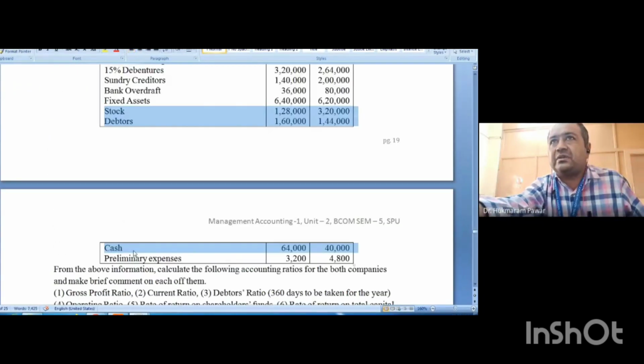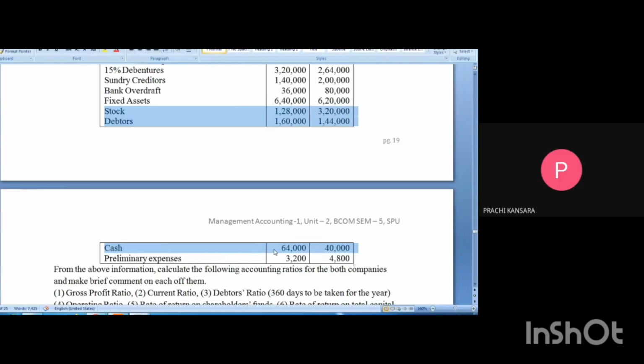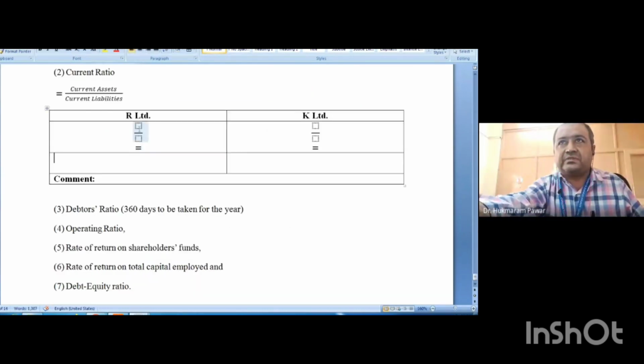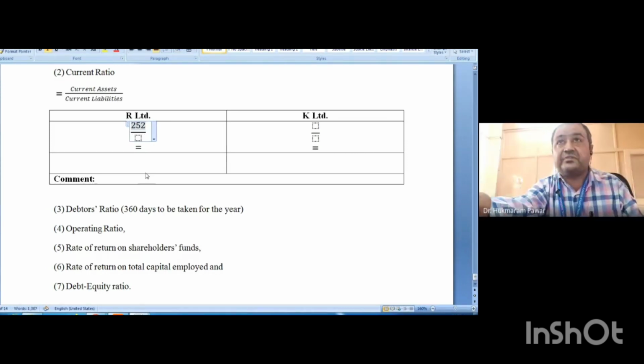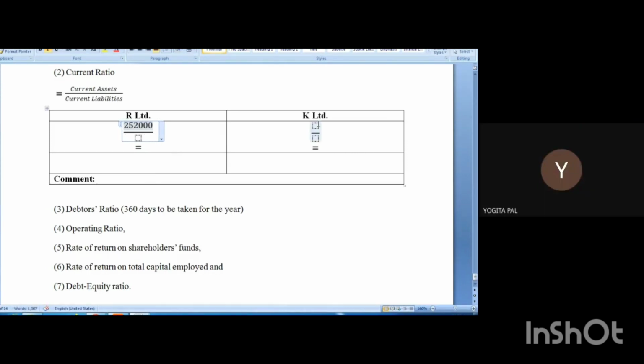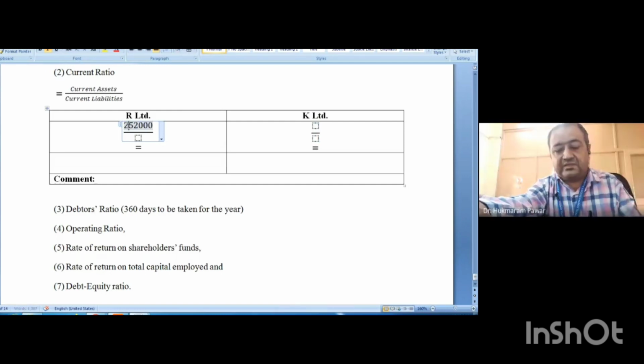What is the total of stock, debtors and cash? 128 plus 60, 160 plus 64. 3 lakh 52,000. Okay, 3 lakh 52,000. And what is the total of K?